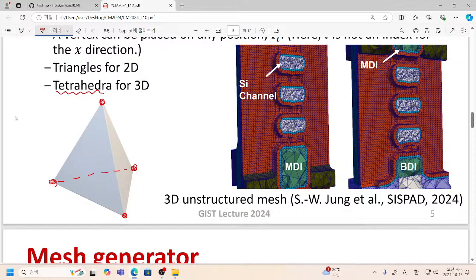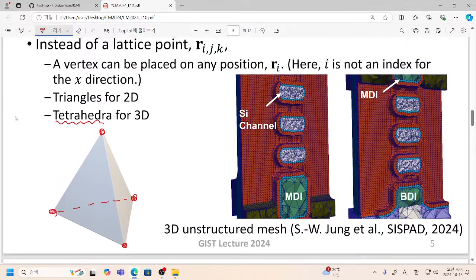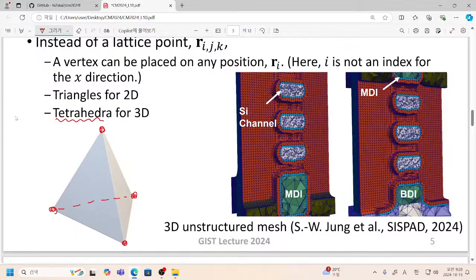By specifying four different points we can uniquely determine this tetrahedron. So a three-dimensional domain can be decomposed into several tetrahedra. This one just shows one example of that domain decomposition.